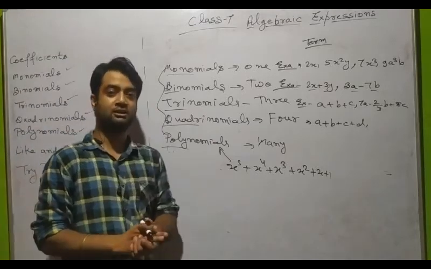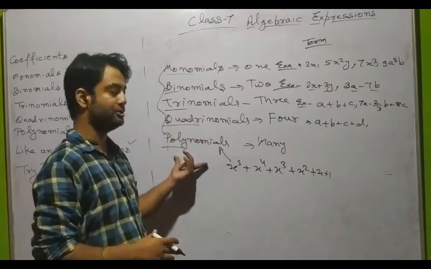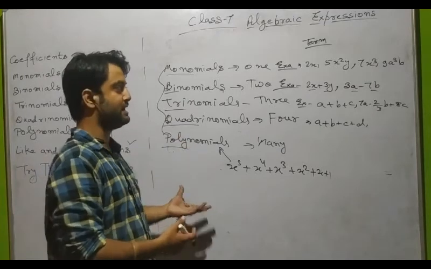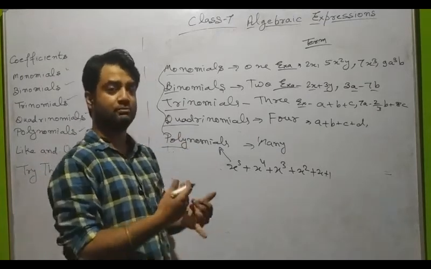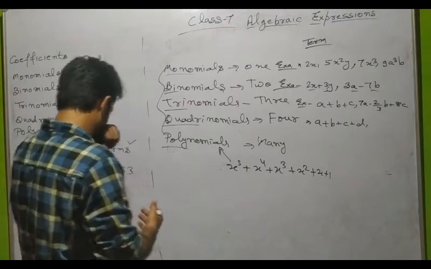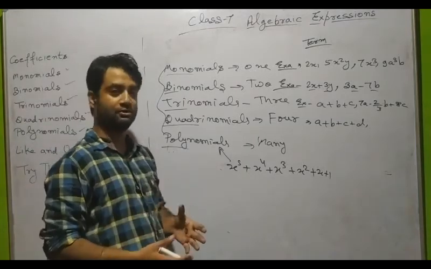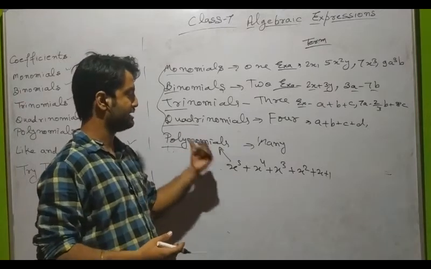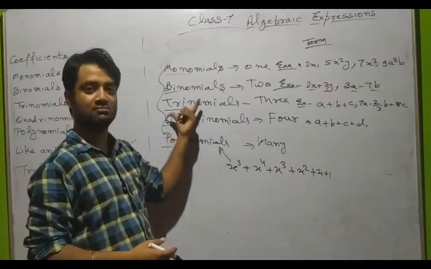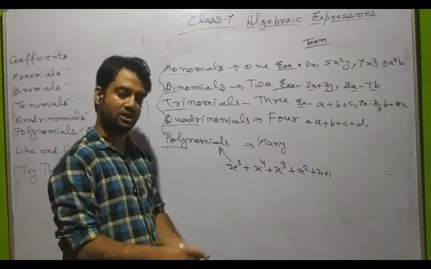I hope the picture is clear about monomial, binomial, trinomial and polynomial. To understand these, you have to count the number of terms, and on the basis of that, you can do the classification.